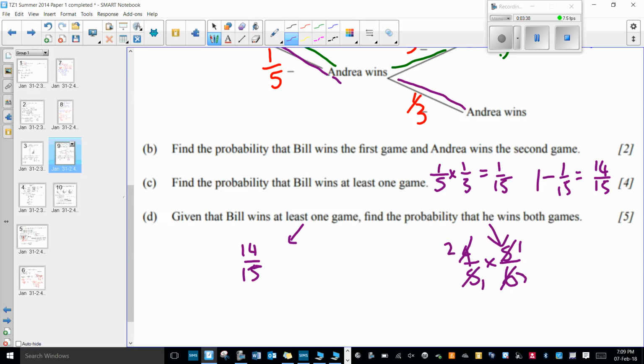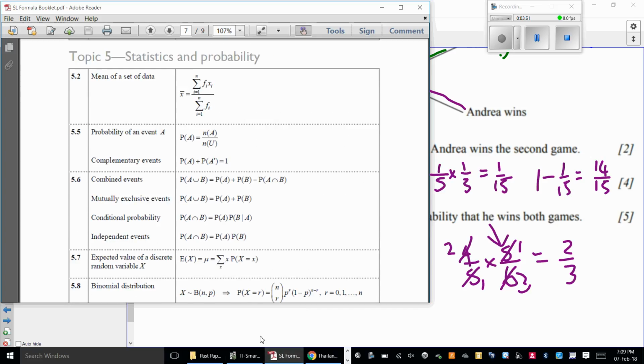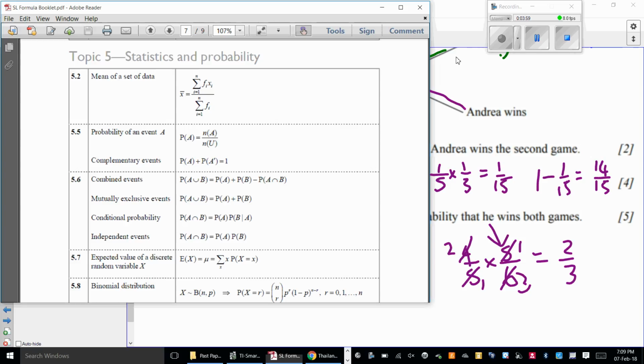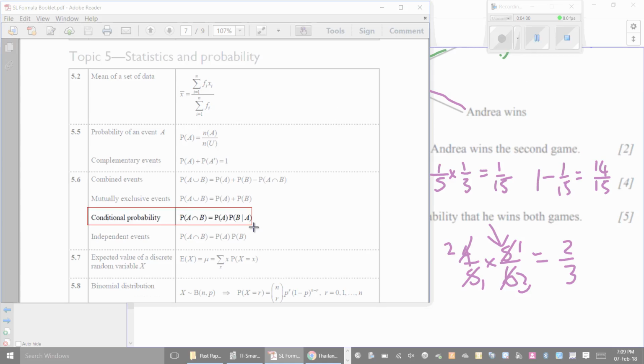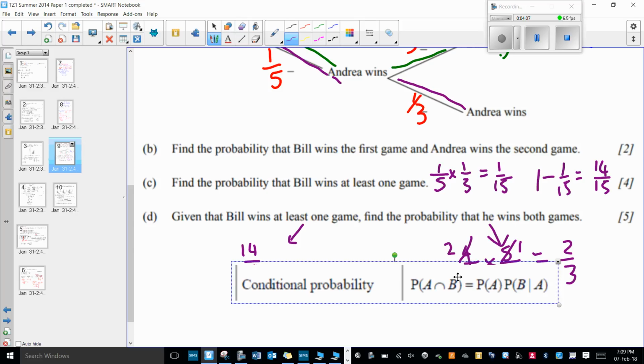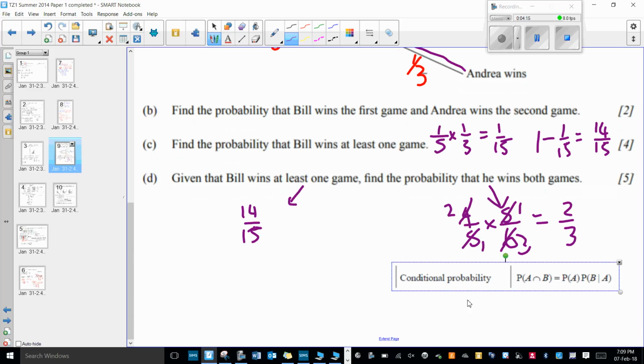Okay, we're now going to use the formula booklet. So we'll snip this. This is conditional probability. Okay, so if I were to rearrange this, I'm trying to find the conditional probability situation here.